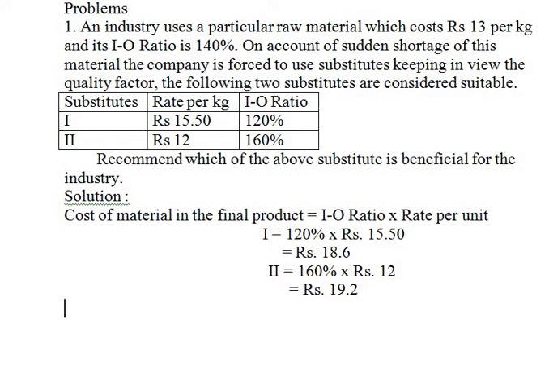Okay, now cost of material in the final product for substitute 1 is rupees 18.6. Then the cost of material in the final product for substitute 2 is 19.2. So now just check whichever gives you less expenses, that has to be recommended.